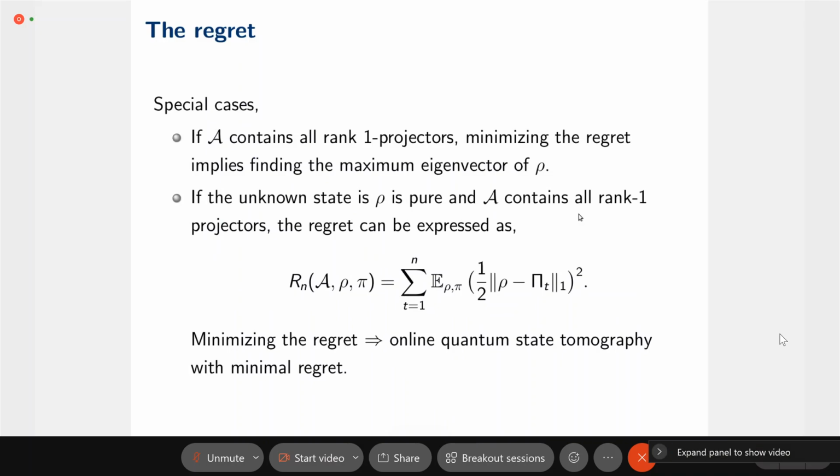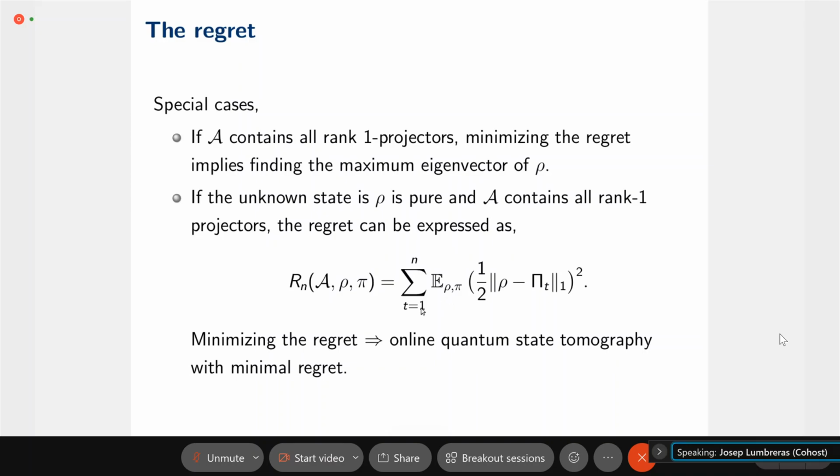A special case of this regret is, for example, if the action set contains all rank 1 projectors, minimizing the regret implies finding the maximum eigenvector of the unknown quantum state. Or more specifically, one of the cases that we study is that if the unknown quantum state is also pure and the action set contains all rank 1 projectors, then the regret can be expressed as follows.